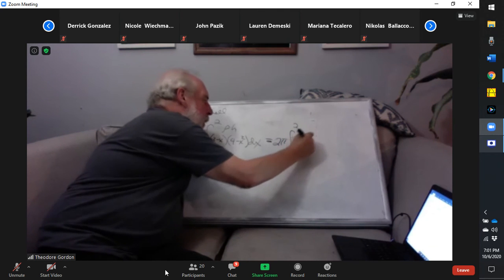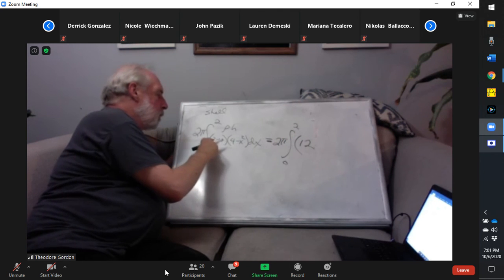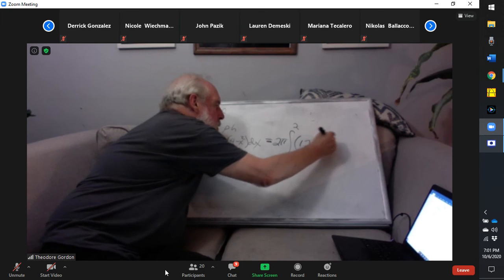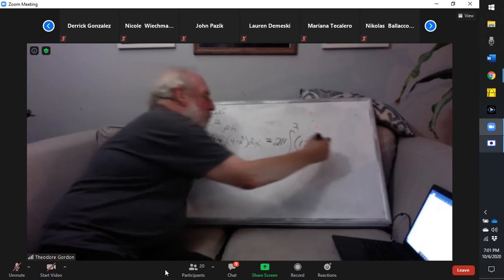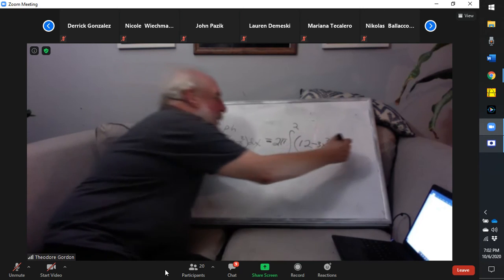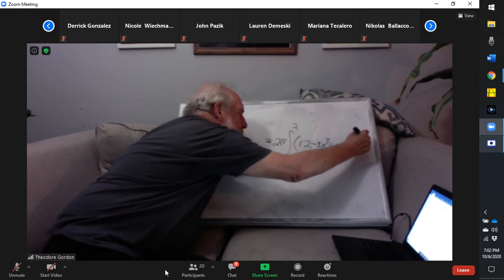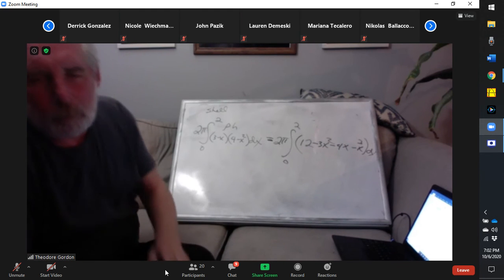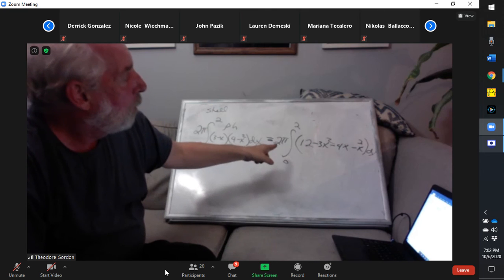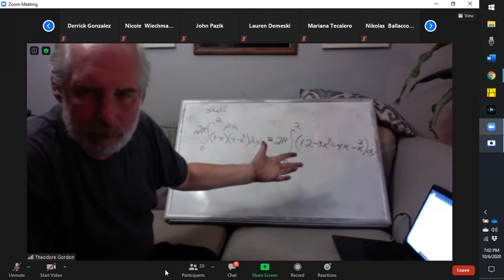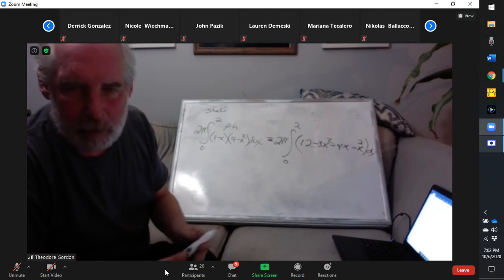So we get 12, 3 times 4, 3 times negative x squared, negative x times 4, and negative x times negative x squared. And there's our integral. Those are all different terms. They can't be combined. So we just have to integrate it right from there.